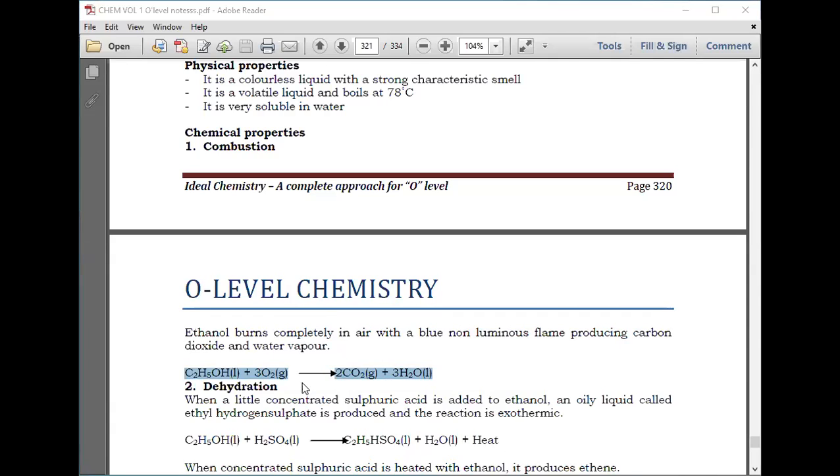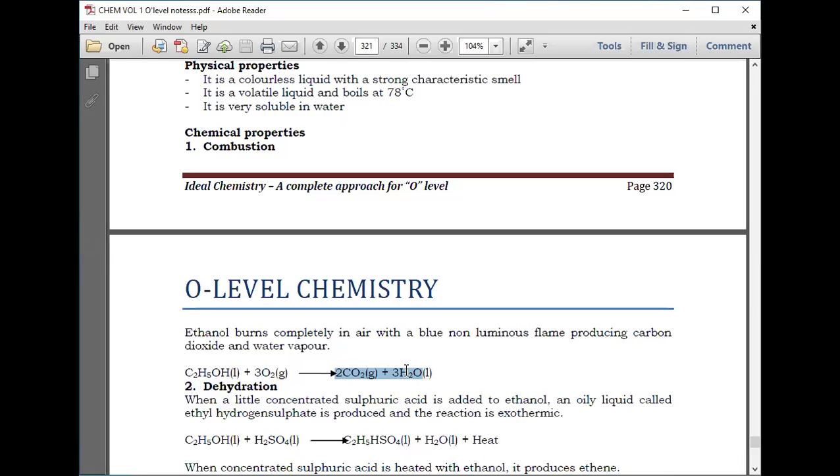So to balance the equation, you begin from carbon, because the carbon atoms are 2 for ethanol, so you need to put 2 here. Then when you put 2 here, oxygen will become 4.